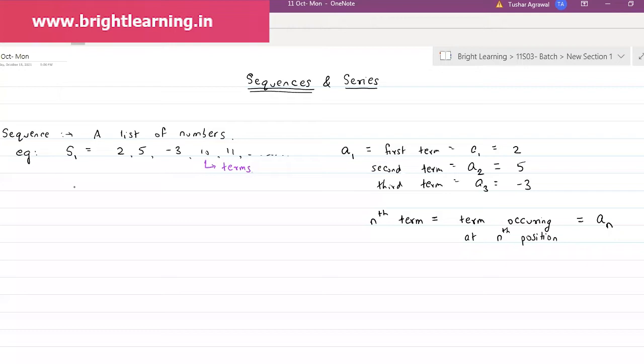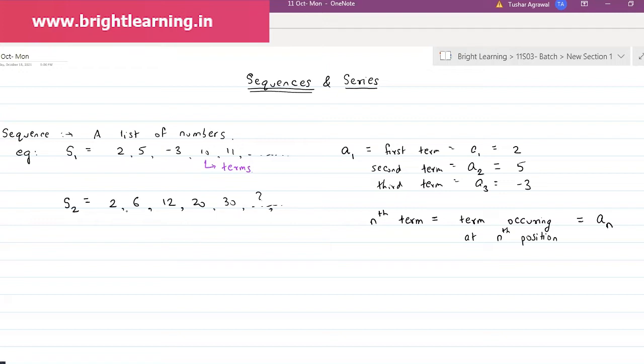So for a sequence, if I give you a rule, S2 is, let's say, 2, 6, 12, 20, 30, and so on. This is again some other random sequence. If I ask you what the next term of this sequence will be, just by observing the first 5 terms, you can never answer, because the next term can be anything.